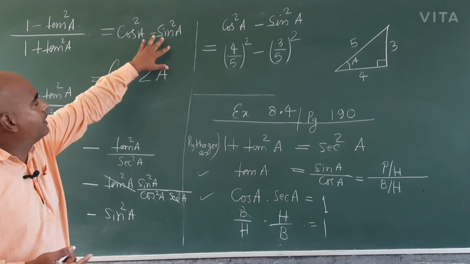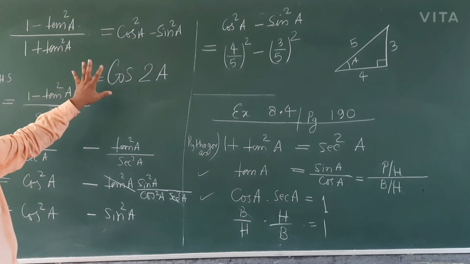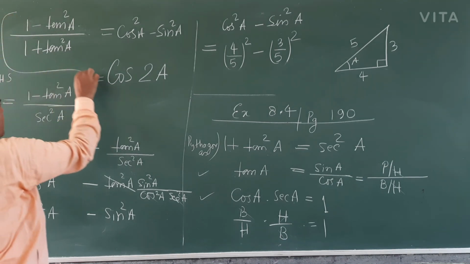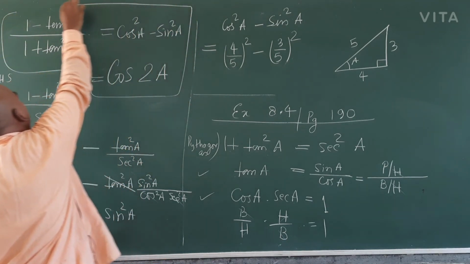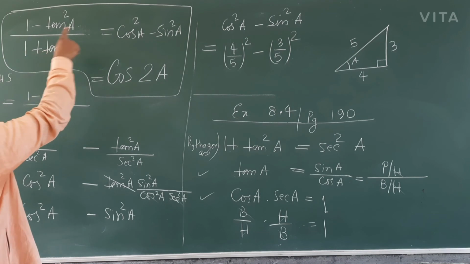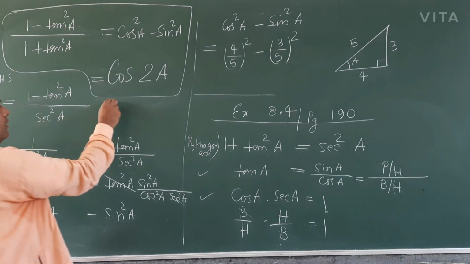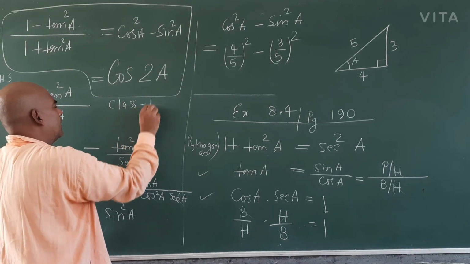Cos square A minus sin square A is equal to this. You can use the value. Okay, later I will prove it. In class 11th you will find this is equal to this for any angle A.